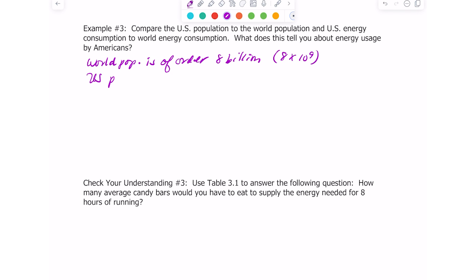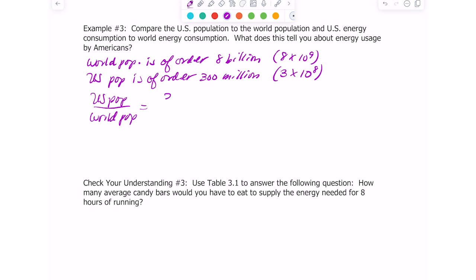And the US population is about 300 million, which we can write as 3 times 10 to the 8th power. So now I'm going to compare. I'm going to take part over whole. I've got the US population over the world population. So in the numerator I've got 3 times 10 to the 8th, and in the denominator I've got 8 times 10 to the 9th.